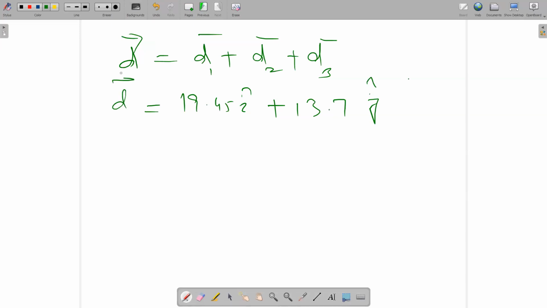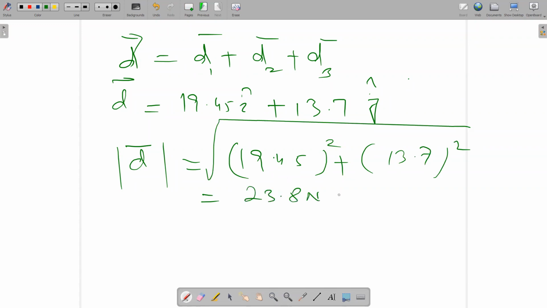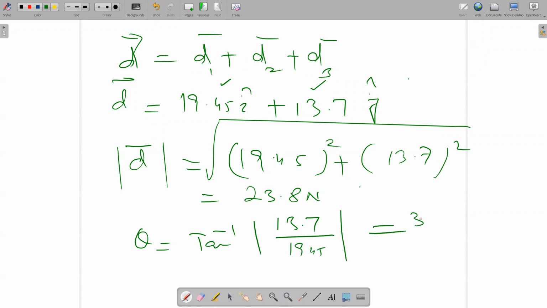This is the answer we will get. And then you will take the mod of this: square of 19.45 and 13.7 square, and under root. You can solve it and your answer will be 23.8 Newton. Similarly, you can find the angle theta because both are positive. So if both are positive, apply this formula, 13.7 divided by 19.45, and solve it, and your answer will be 35.1 degrees.